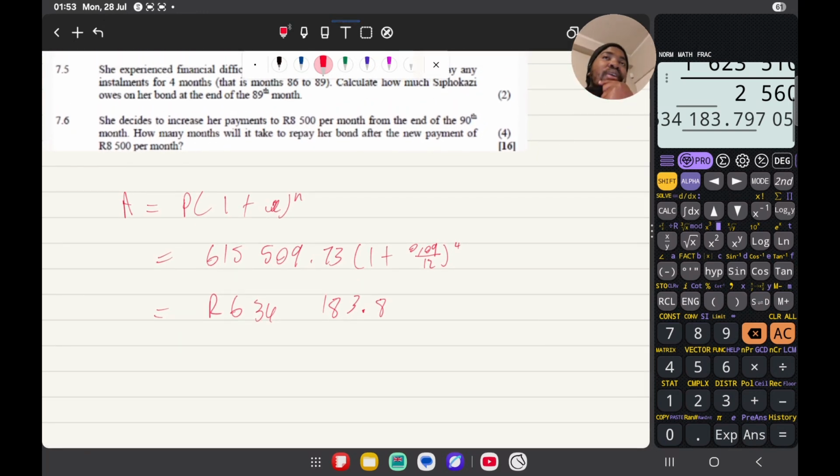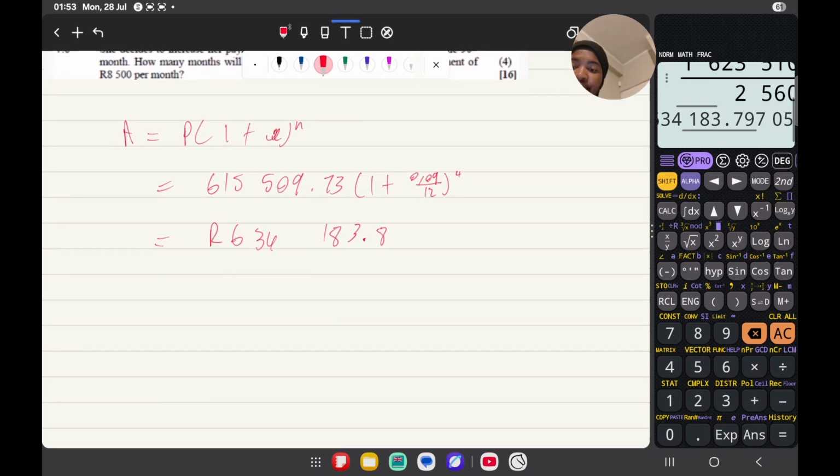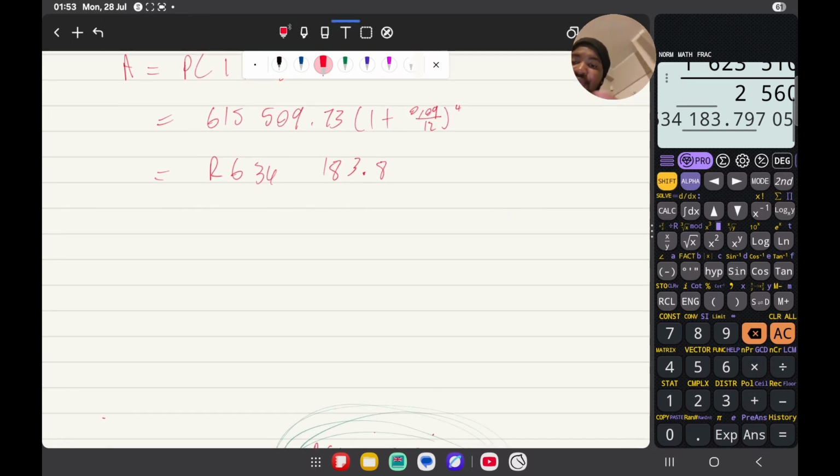Cool. So now you're just finding out how many months. We're still going to use which formula? Is it the future or the present value formula? It's the present. Why? We're dealing with debts, right? Cool.